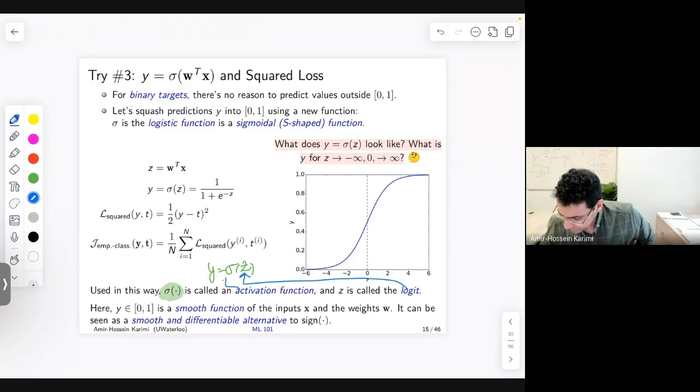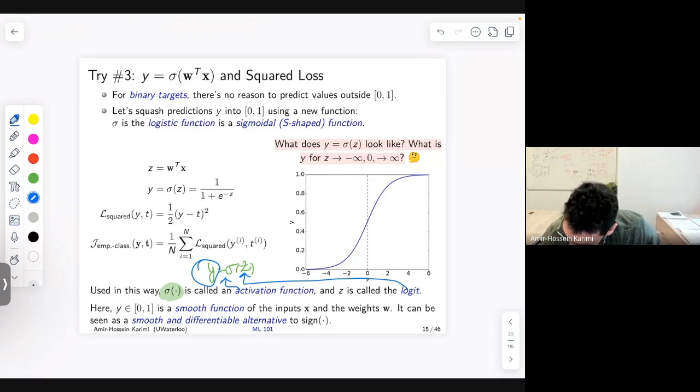This here is known as the activation function, and that is just the output. And Y, being a function of Z and the activation function, is a smooth function of the inputs X and the weights W. And in a sense, it's a smooth and differentiable alternative to our sine function.